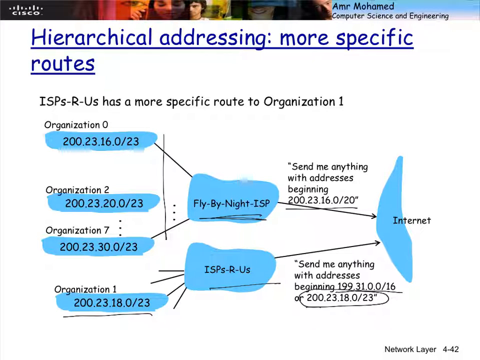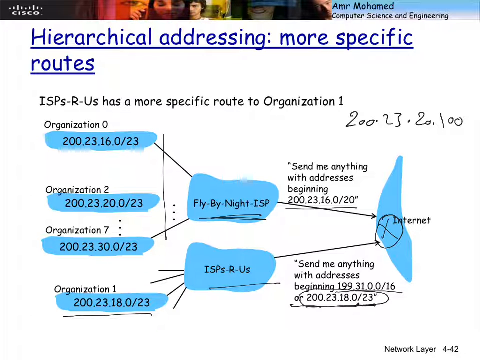Now, assume we have a router here and there is incoming traffic to an address which is 200.23.20.100. Where will this go? This we will have to match with this, and if you calculate the match, it will not match because this is /23. So in that case, it will have to go here.